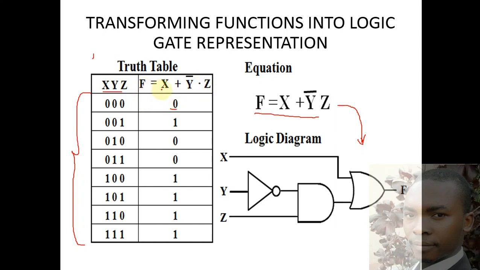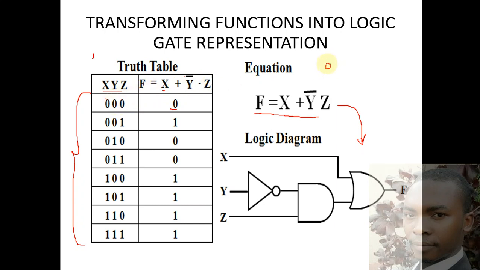The f is equal to x plus y, but the negation of y, which is not y, times z. So you have x, which is 0 here, and then not y, that is a 1, okay?